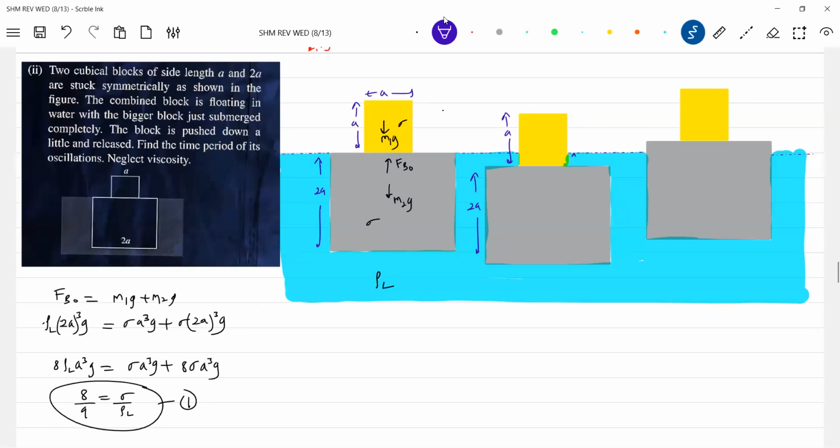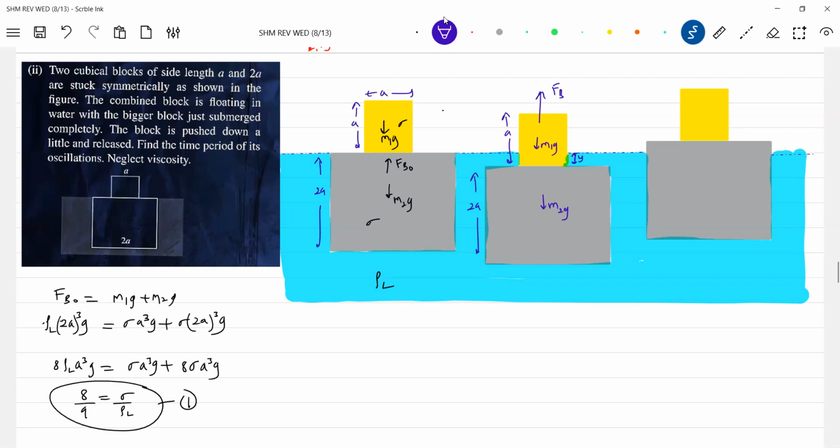So let it be Y length, let it be inside. How much of additional buoyant force will come? Shall I say only this much is additional buoyant force? No, the same. The weight as usual will act here, M1G. The additional buoyant force that is acting will be FB. Earlier I wrote FB naught, let it be FB now.